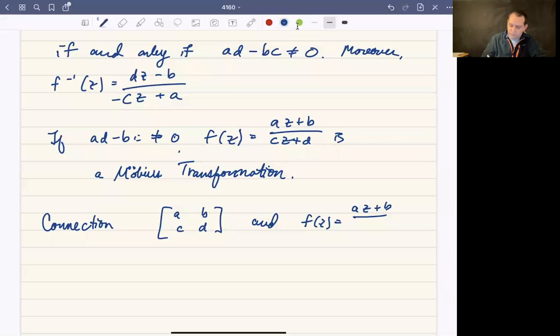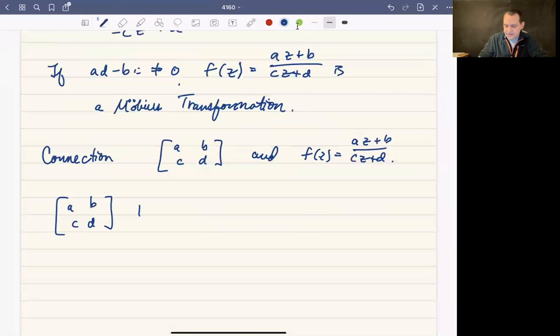And of course, you'll remember that this matrix has an inverse if and only if ad minus bc is not equal to 0.